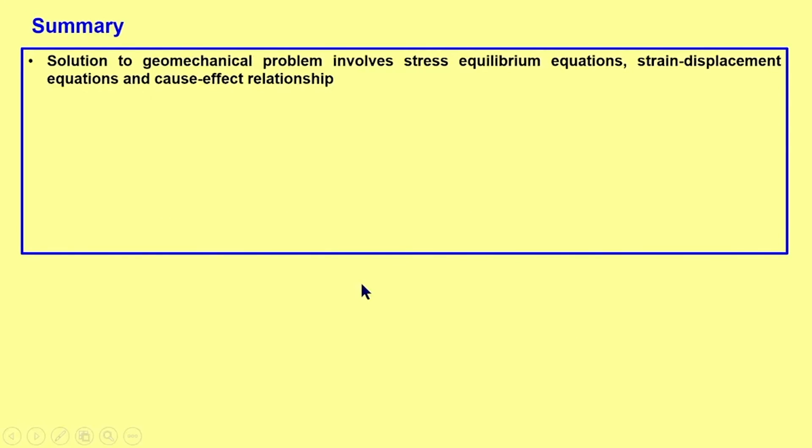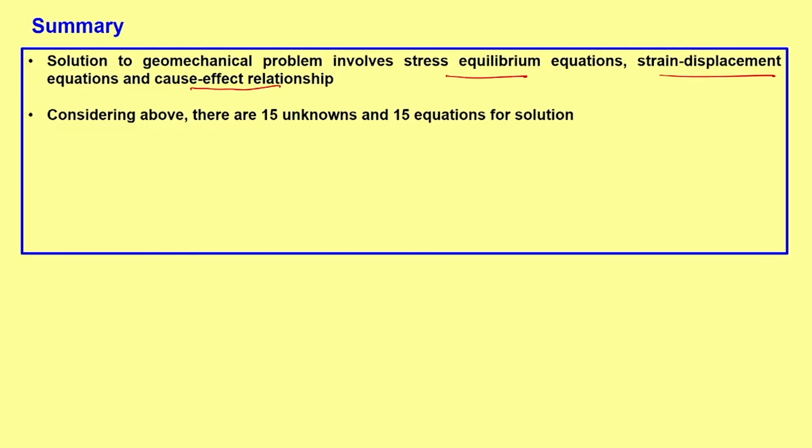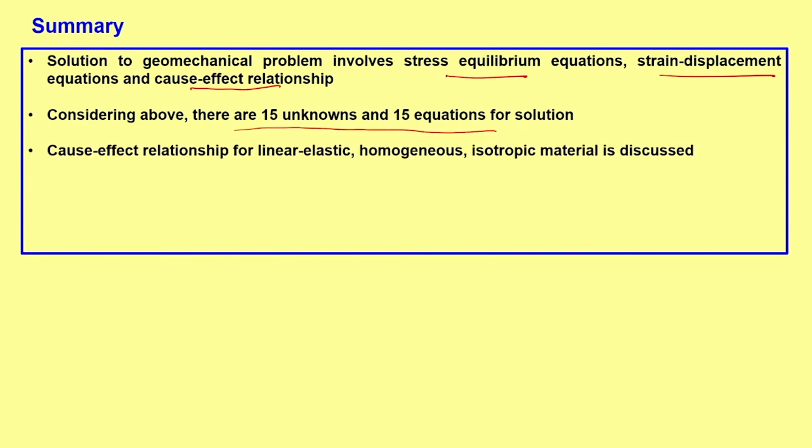To summarize whatever we have just told about cause effect relationship, the solution to a geomechanical problem involves stress equilibrium equations, strain displacement and cause effect relationship. So, 15 unknowns, 15 equations. Considering above, there are 15 unknowns and 15 equations for solution.